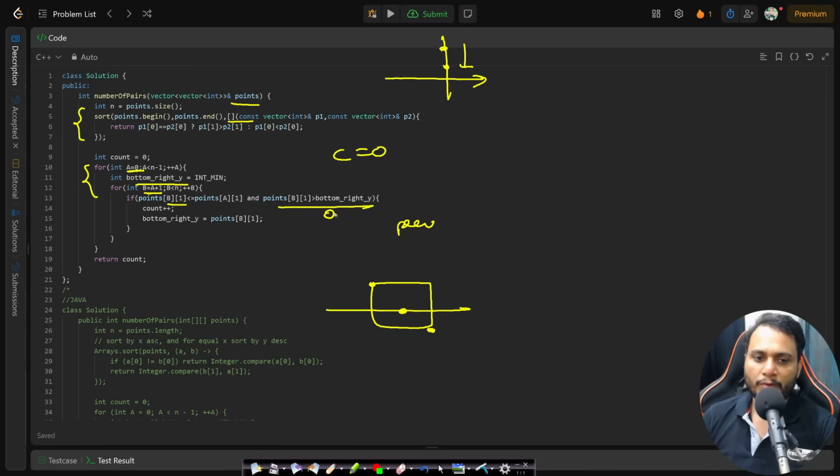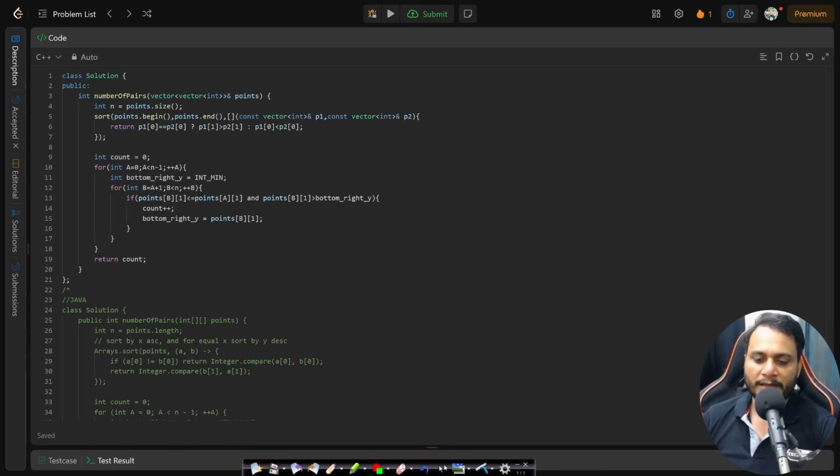So if there is no overlap, and if the bottom right corner is actually lying below this y coordinate of a, then it is valid. So we will be incrementing the counter, and the bottom right corner's y coordinate will get updated. After counting all the valid pairs, we will be returning it as a result. I hope it is clear.